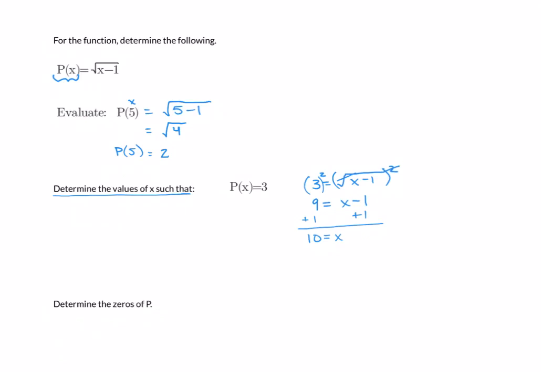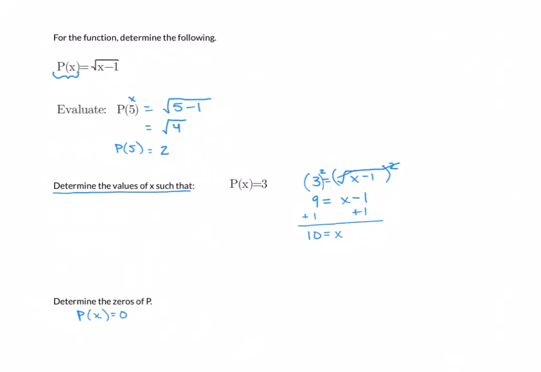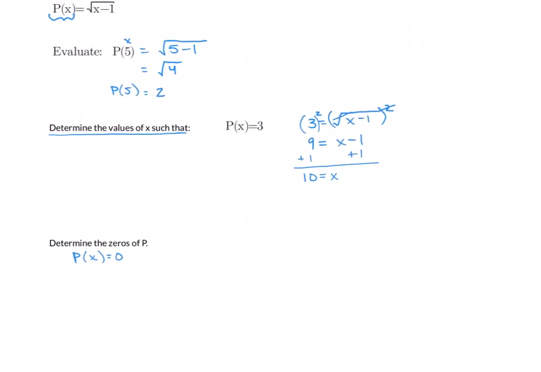All right, last one, determine the zeros. Remember, this means p of x equals 0. So I'm going to go ahead and plug in 0 for p of x, the whole p of x. We get 0 equals the square root of x minus 1. And again, we solve.